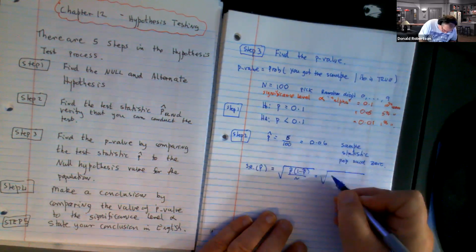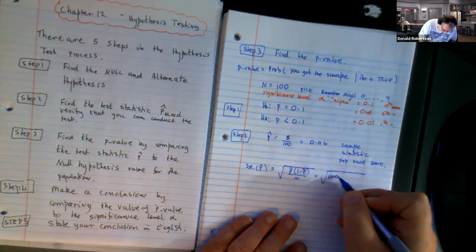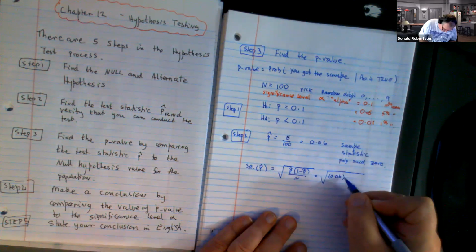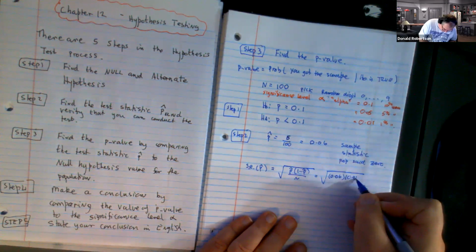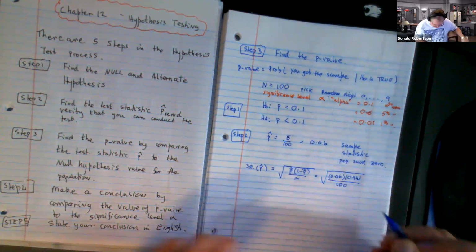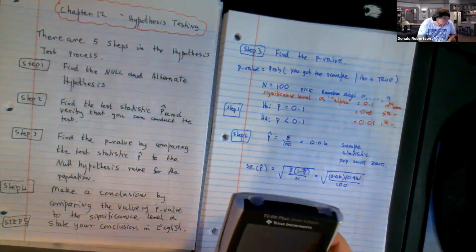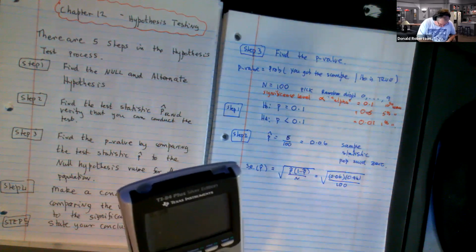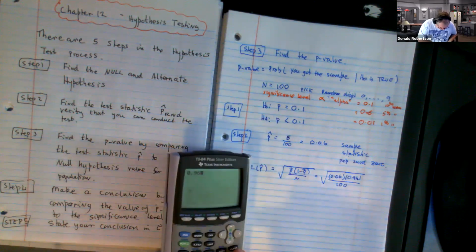P hat is 0.06, times 0.94, all over 100. Oops, put it inside the square root.